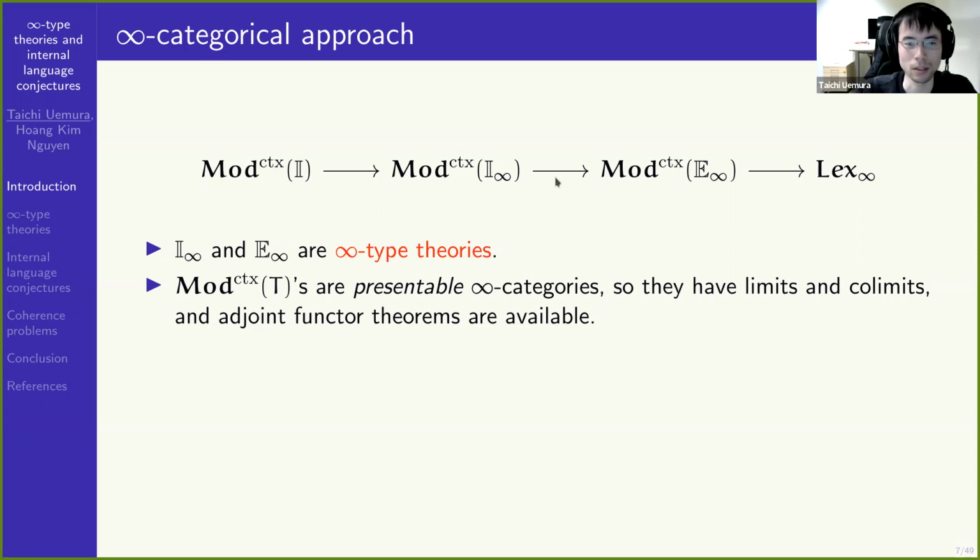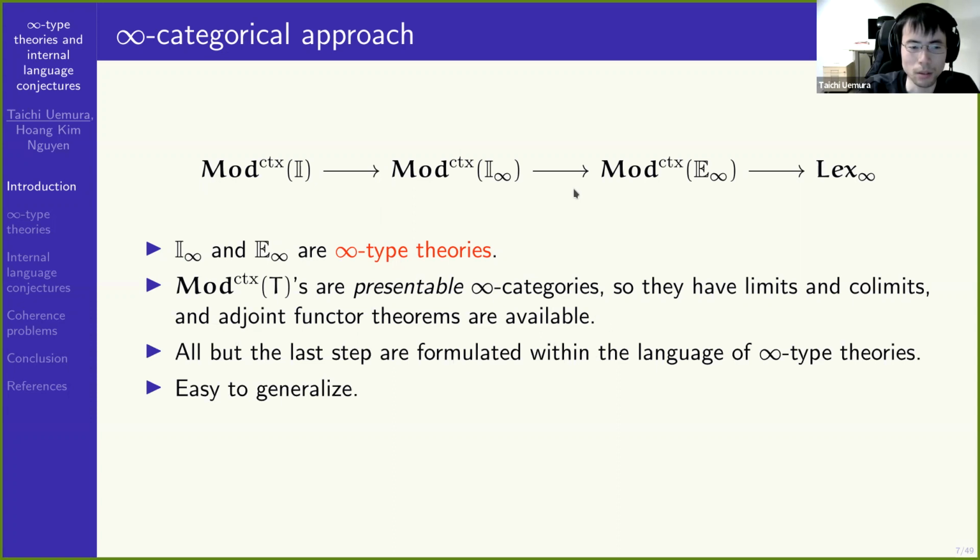So these functors are actually just a formal consequence of adjoint functor theorems. And also, another nice thing is that all but the last step are formulated within the language of infinity type theories. So these three infinity categories are all infinity categories of models of some infinity type theories. So in that sense, I think it is easy to generalize.